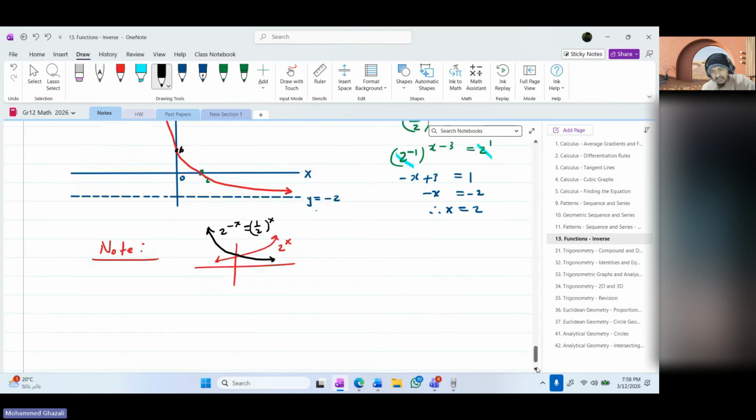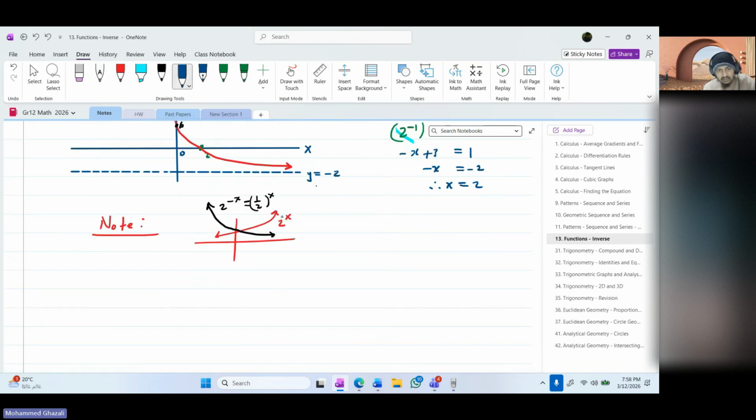Now, if you reflect the red graph at the bottom, you can get an exponential function looking like this, which is -2 to the power x. I'm reflecting on the x-axis. This red graph is not looking good.